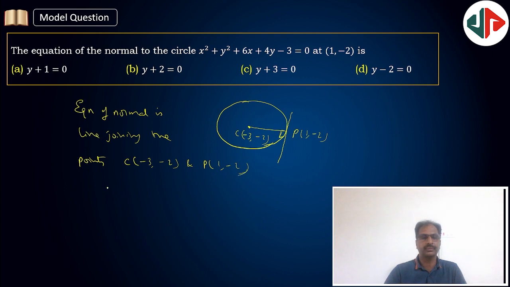So use the two-point form: y minus y1 is equal to 0 into, which means y plus 2 is equal to 0. Option.